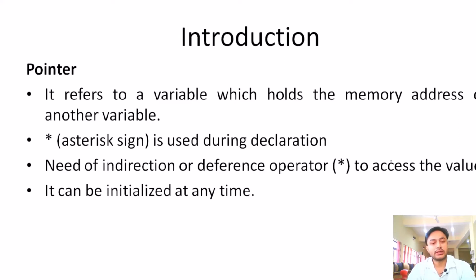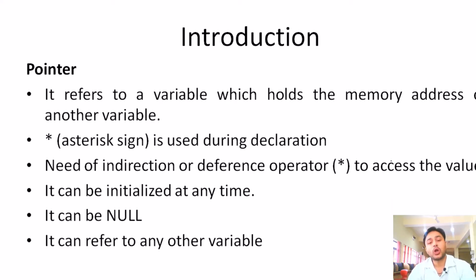A pointer can be initialized at any time. We have discussed that in case of a reference, it has to be initialized during the declaration time, but a pointer can be initialized at any time. The pointer can be null and the pointer can refer to another variable.